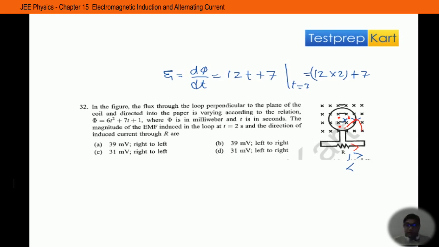So the new field must oppose the previously existing field, so the direction of current should be from left to right, and the magnitude we already calculated is 31 millivolt. So option D is correct for this question.